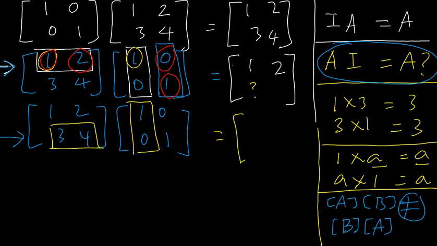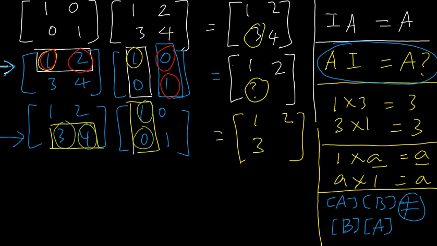Okay, we write it here. So what is it? 3. You see, 3 times 1 is 3 plus 4 times 0 is 0. So 3 plus 0 is 3. Yes, that is the same. The third element is the same.